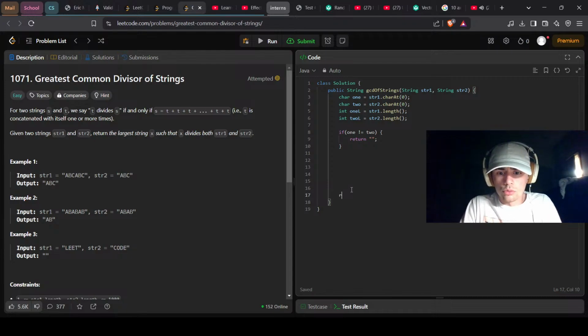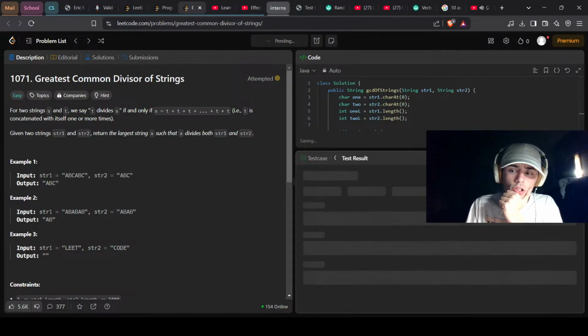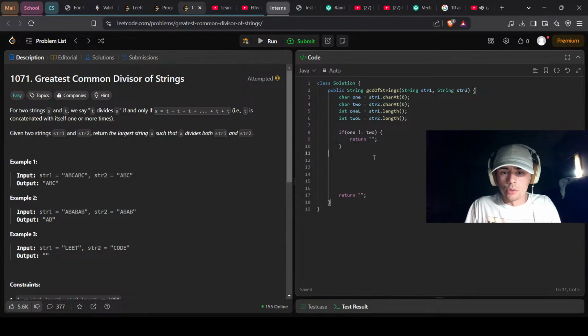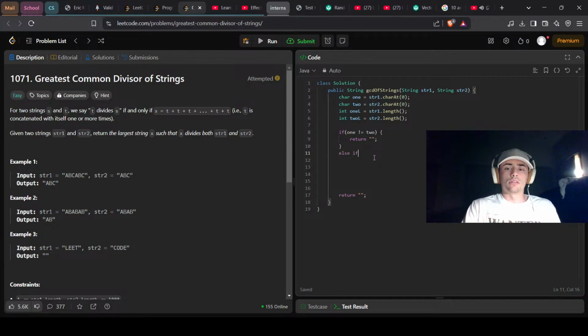We're gonna do return this. Let's see this. See if it works real quick. That should work. Okay, alright, it works. We're gonna do else if we need to determine which one's longer and which one's shorter.